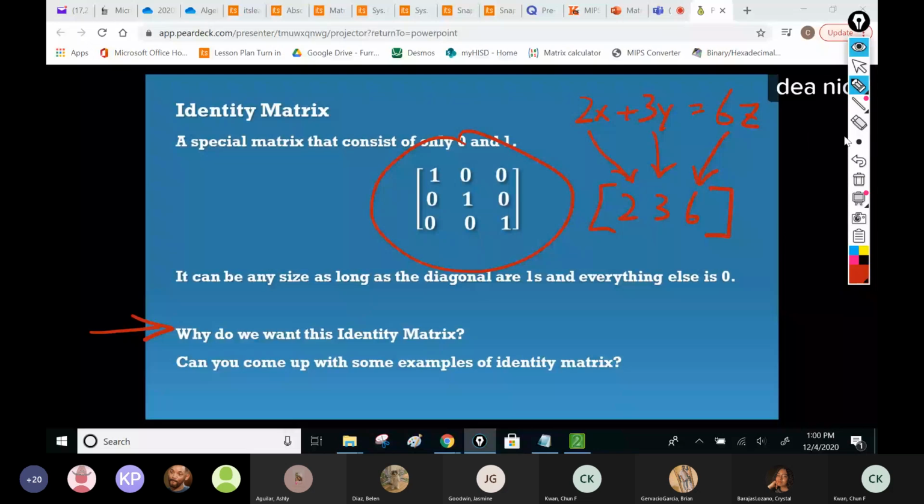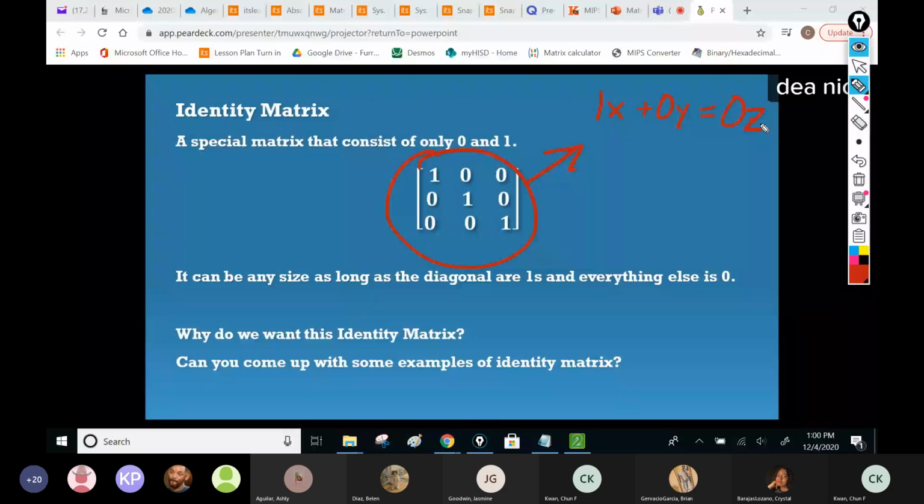Now I'm asking you, why do we want the identity matrix? Why do we want this very specific pattern, a 1 that goes like this? The reason is, if you think about it, you can put the matrix like this next to the equation, so it will look something like this.